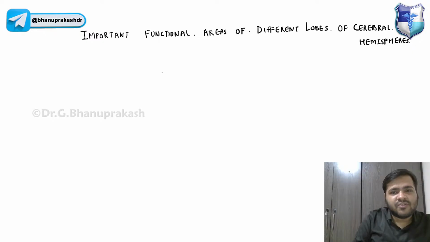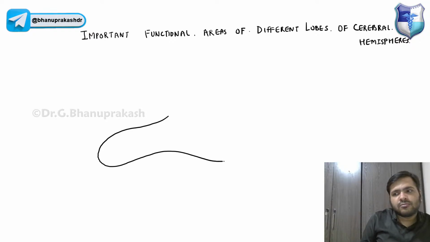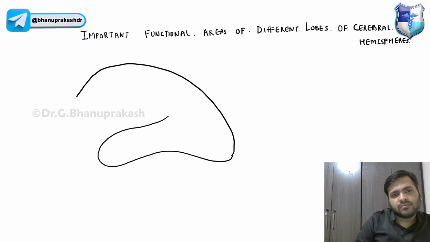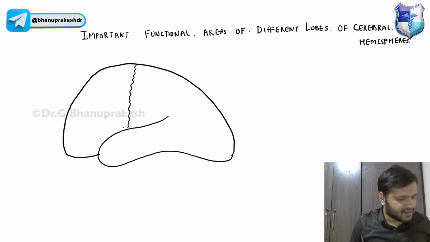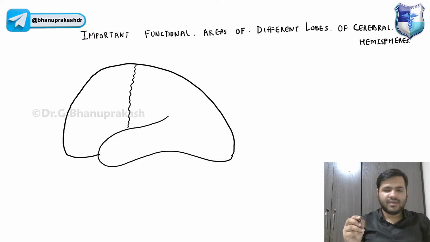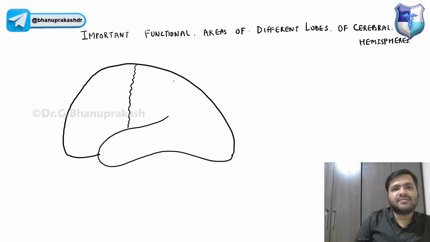Now let us just try to draw the same diagram guys again. Guys, okay, can anyone tell me which sulcus is this? Anyone can tell me which sulcus is this, guys? So I'm waiting for your answers, guys. Yes, the central sulcus, right?